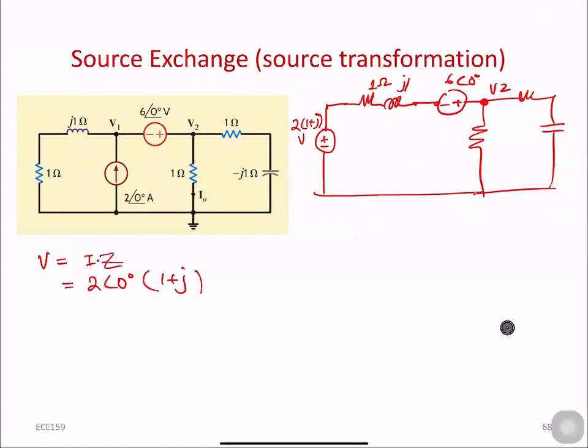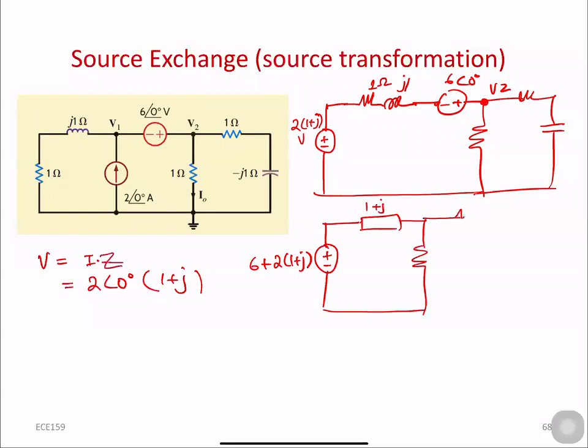So when we simplify the circuit, we can write this one as 6 plus 2 times 1 plus j, and this is the impedance, which is 1 plus j, and this is our remaining circuit, right?